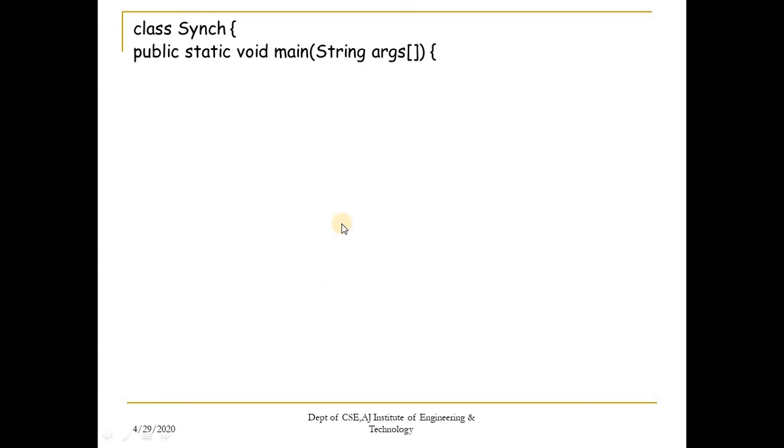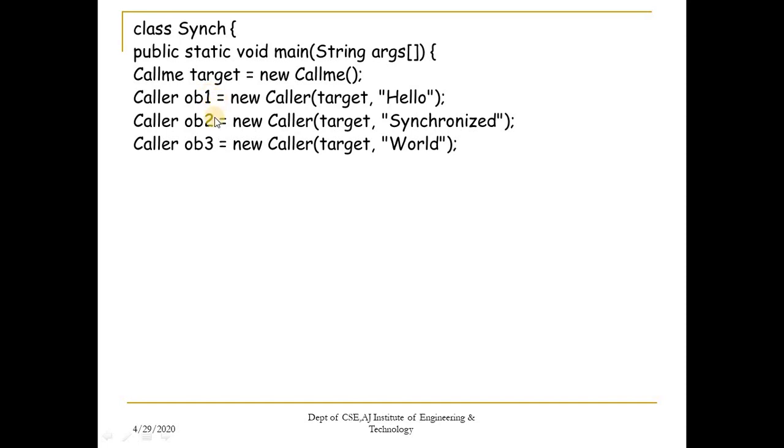Next, see the main method. First we are creating an object of the CallMe class, that is target. Next we are creating three objects of the caller class. The caller constructor takes two parameters: the first is an object of the CallMe class, the second is a string.